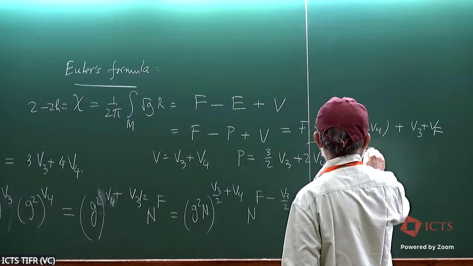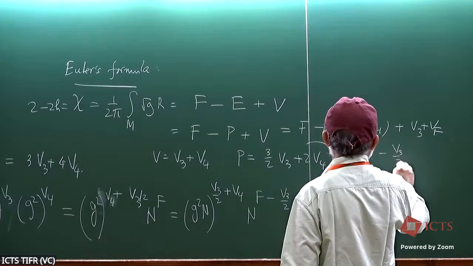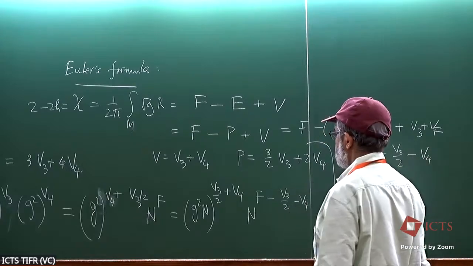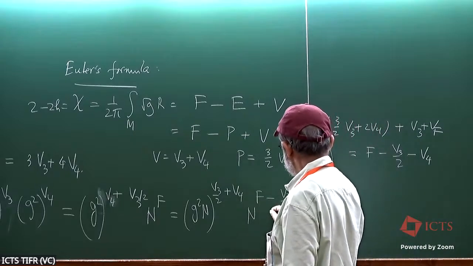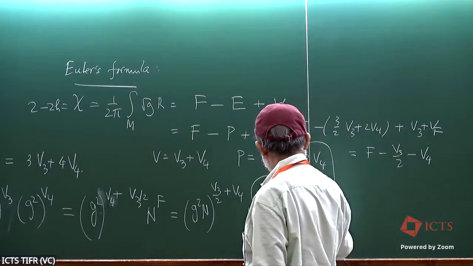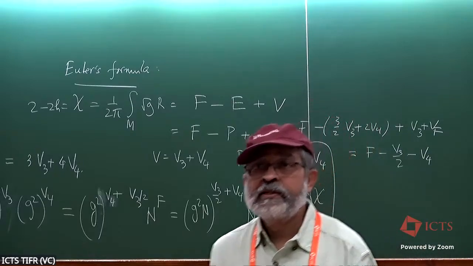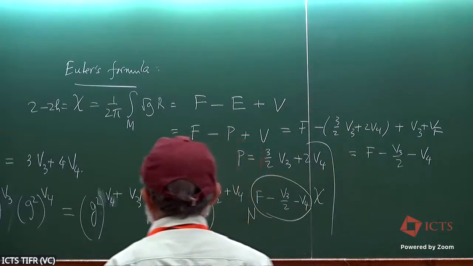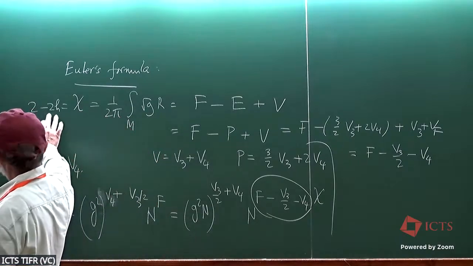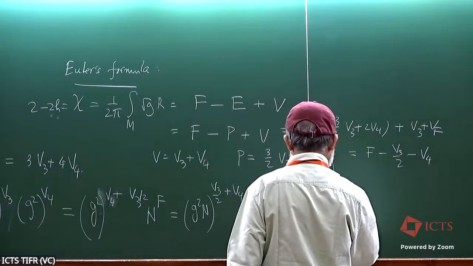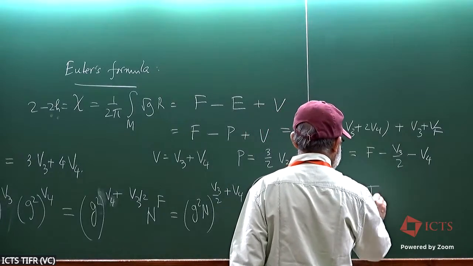F minus v3 by 2 minus v4. Surprise, surprise. So this object is just the Euler character. Okay? And the Euler character, as I said, is 2 minus 2h. So therefore, it becomes a topological expansion.